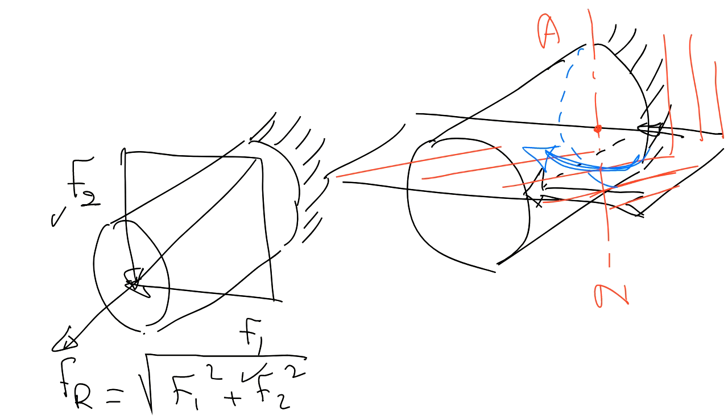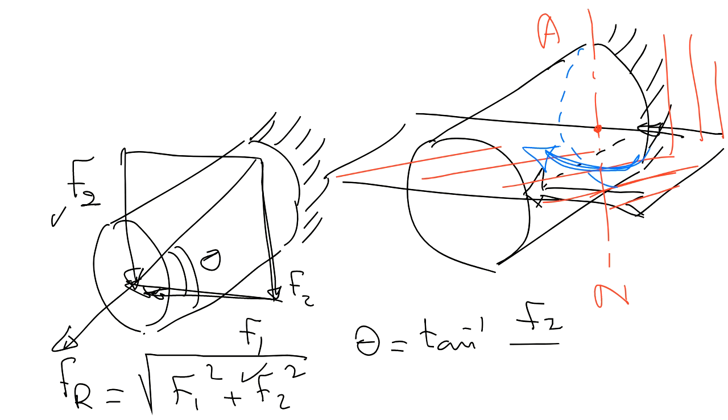And imagining that this is your F2 and this is your F1 moving in a series, then I can claim that the inclination angle theta is equal to tan inverse of F2 divided by F1. Do you all agree, guys? Yes. Okay. So now I can draw the plane of the moment.